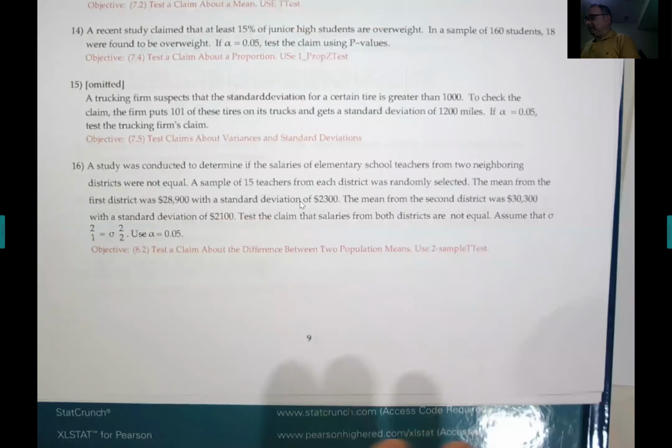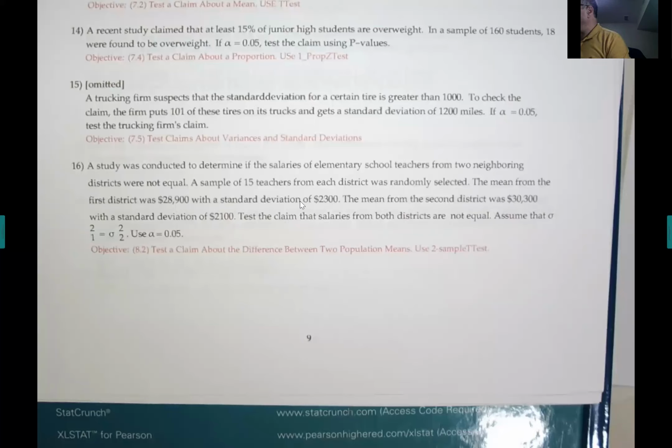A study was conducted to determine if the salaries of elementary school teachers from two neighboring districts were not equal. A sample of 15 teachers from each district was randomly selected. The mean from the first district was 28,900 with a standard deviation of 2,300.